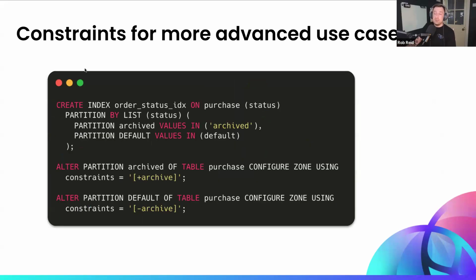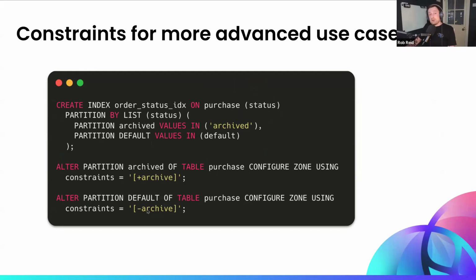And what this allows us to do is create a partition on the database table so that any data for rows in a purchase table with a status of archived are physically stored, and only stored, on nodes with the archive constraint or startup attribute.